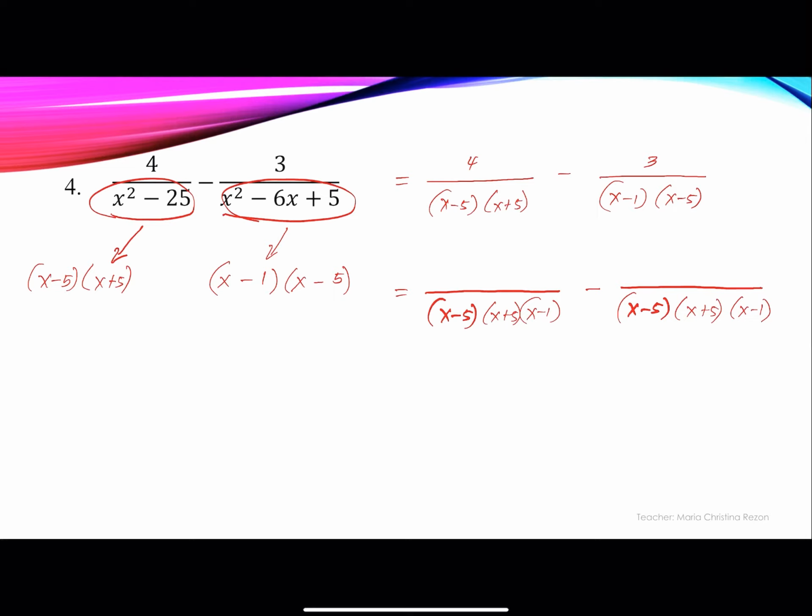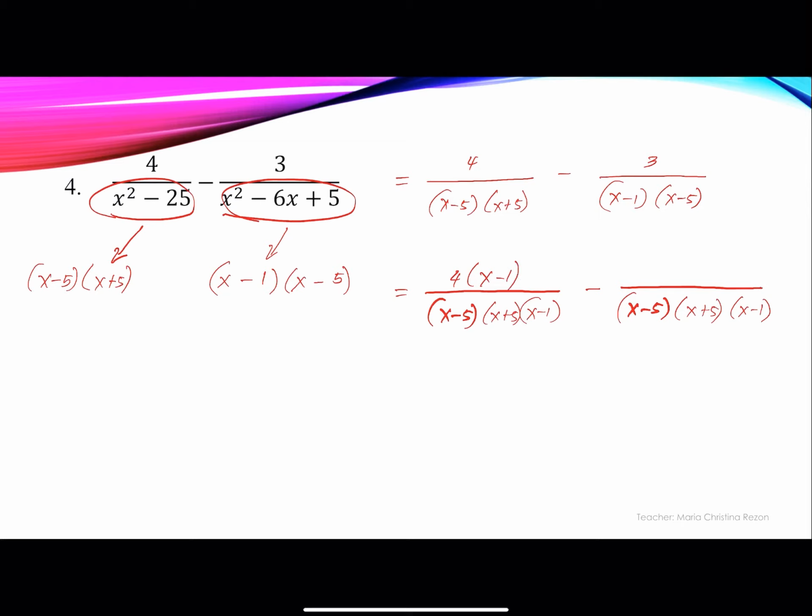Let's continue. x minus 5 times x plus 5 times x minus 1 divided by x minus 5 times x plus 5, what is left is x minus 1. So that would be 4 times x minus 1.